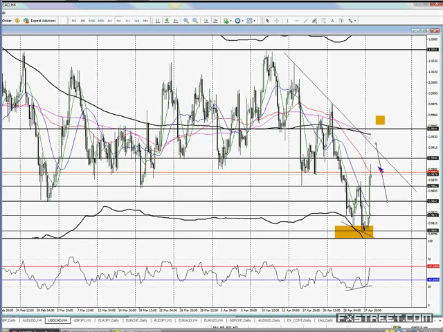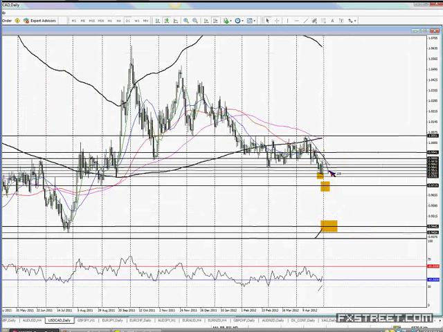If you believe that the GDP data is going to hold the market above 98, that's a conservative look. If you believe that the GDP data is not only going to hold off 98, but it should start a bullish cycle, then watch the break above 99, watch the break above this trend line.